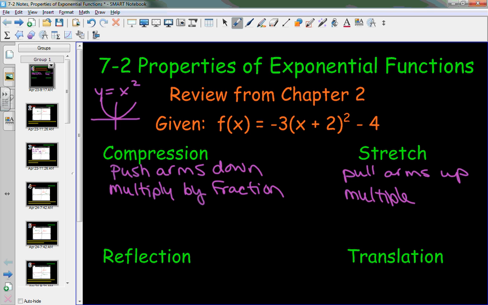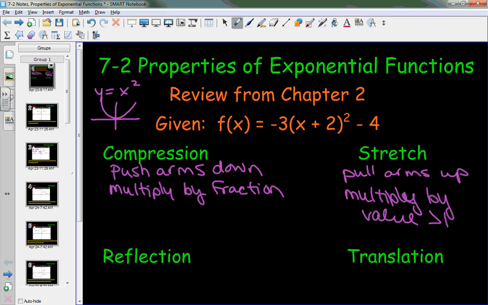Mathematically, that means you're multiplying by a value greater than 1, meaning it is not a fraction. So I'm talking about 2.5, 5, 100, 133.2. Those are all values greater than 1, and that make it a stretch.